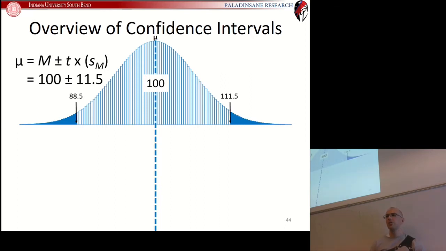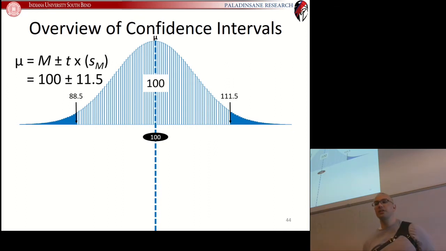And the tails would be at plus 11.5, so 111.5. It would also be at minus 11.5, 88.5. That's how large the tails would be. And you can see that any sample that comes from the body, that is plus or minus 11.5, will contain that population.